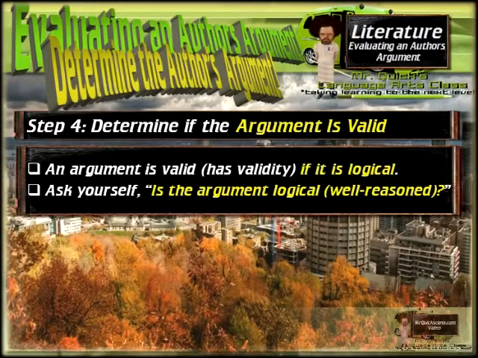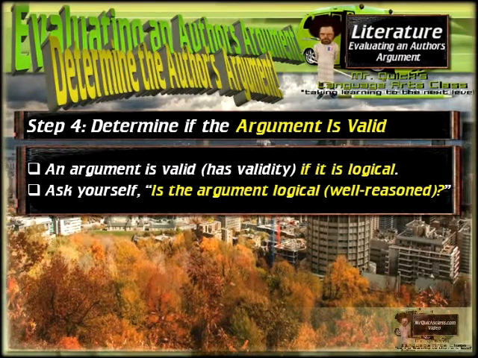Okay, now at this point, before we go to the next way of presenting an argument, we must ask ourselves a question about what we have read, and that is: is the argument logical or well-reasoned?